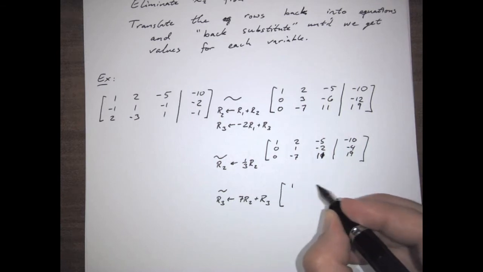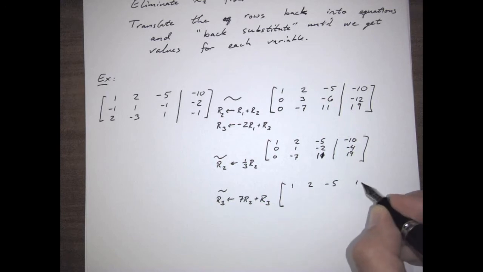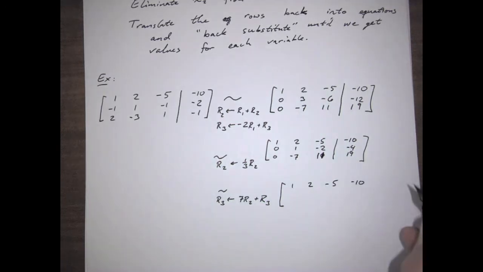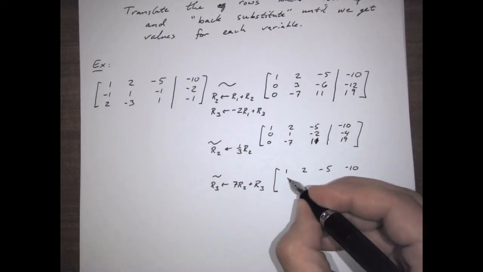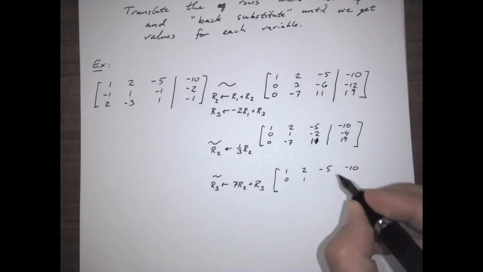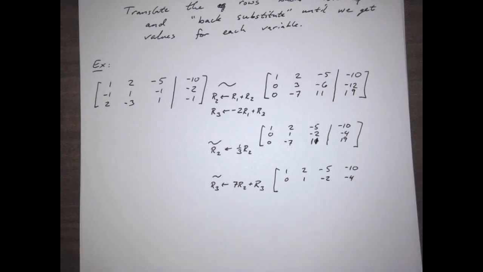And what's that going to give us? Well, row 1, as usual, has not changed. So 1, 2, negative 5, negative 10. And then 0, 1, -2, -4.